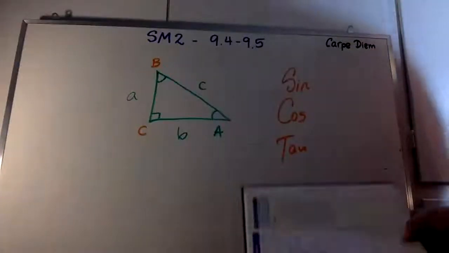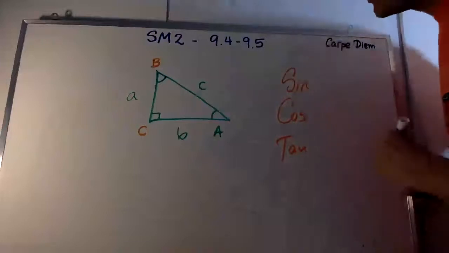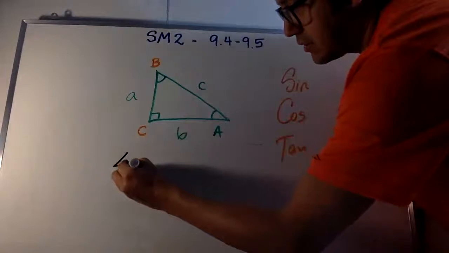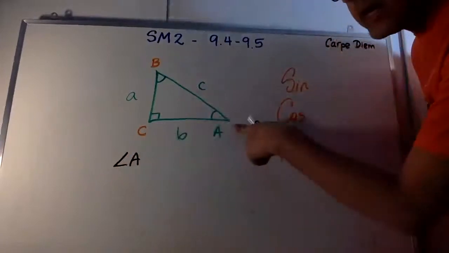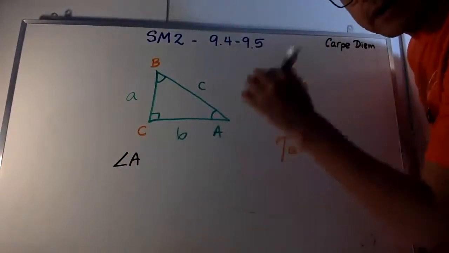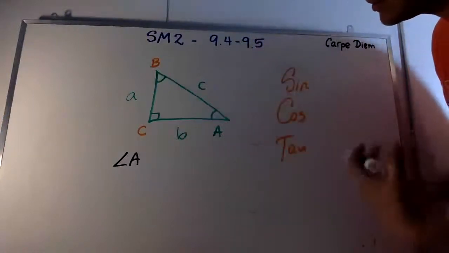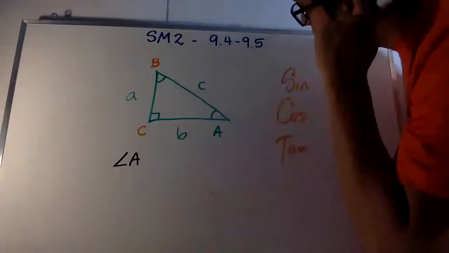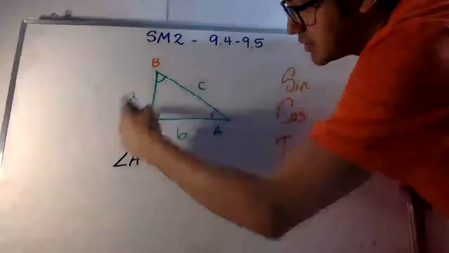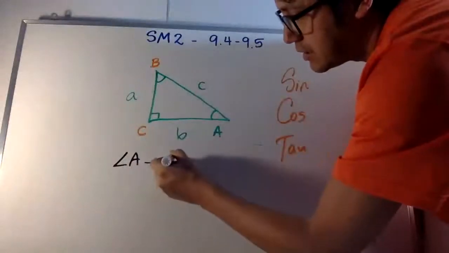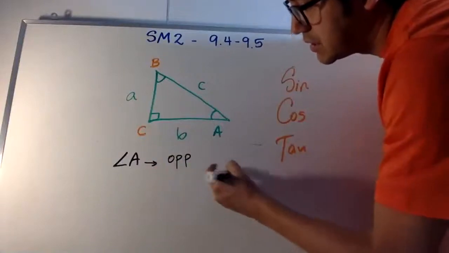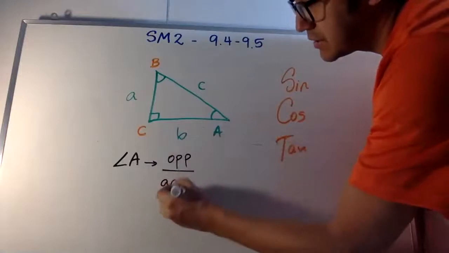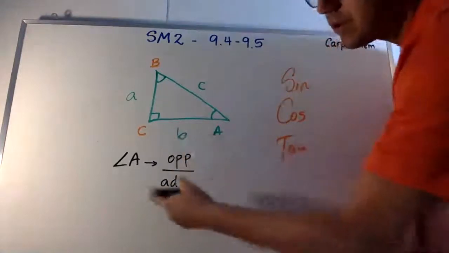To do this, let's stand on angle A. If you're standing on angle A, we're going to define three new mathematical ratios here. The first thing is that if I do this ratio, the opposite segment divided by the adjacent segment, we're going to do this division.